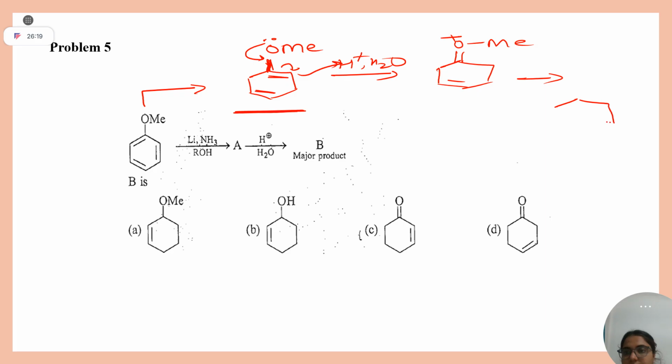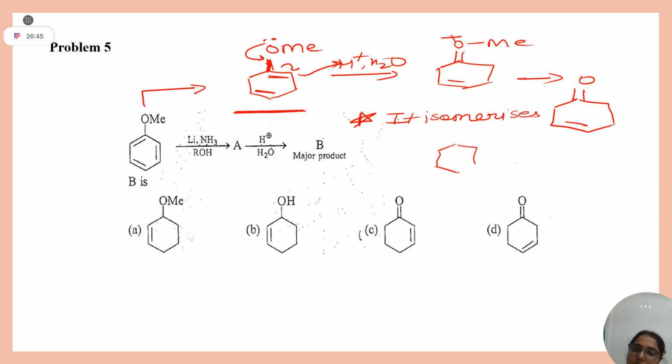Then, now students, please write this as important notes: whenever you have this type of cyclohexadiene and acidic condition is there, it isomerizes to alpha beta unsaturated ketone. Okay, so correct answer is option number C.